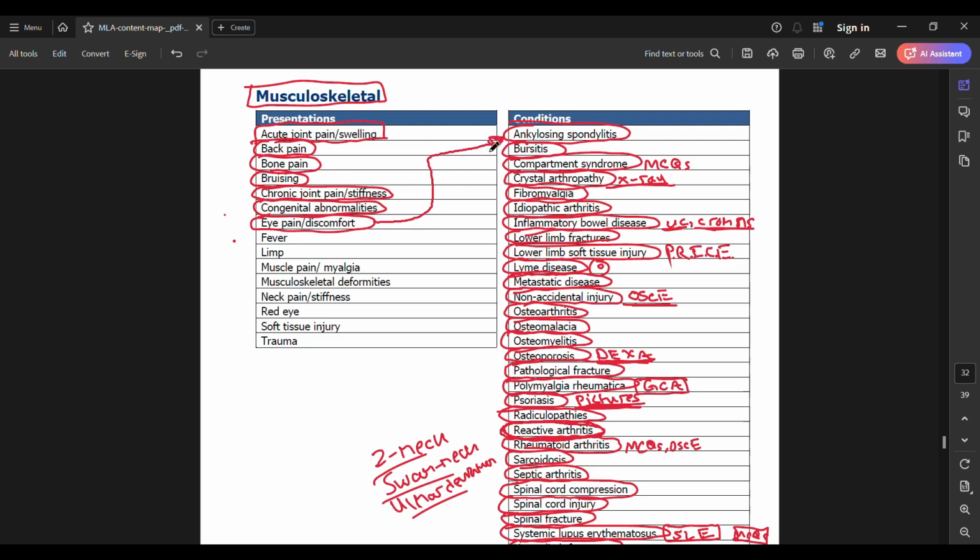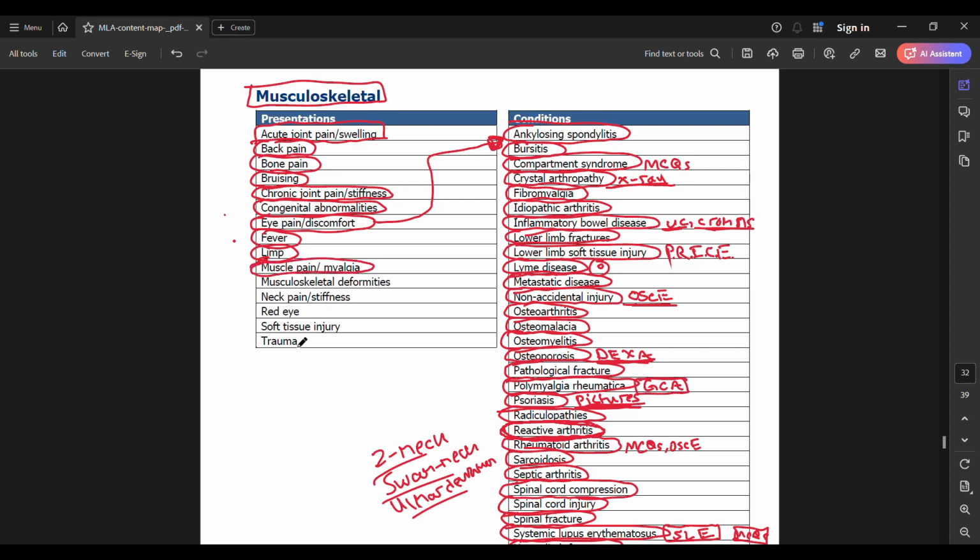Ankylosing spondylitis could have an association with an eye condition, right? Next you have fever, right, with septic conditions. Limp, of course, lower limb fracture, lower limb injuries, maybe injury of a ligament in the knee, or maybe anything really could lead to a limp in the lower limb. So that's a presentation that you could get.